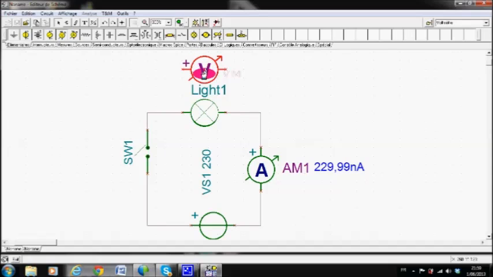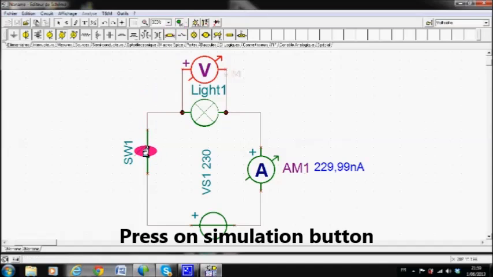You see V like voltmeter, and A like amps. Now to connect my voltmeter in parallel here, I just make my connection from this side to this side, and I always connect the voltmeter in parallel. So I simulate my circuit.